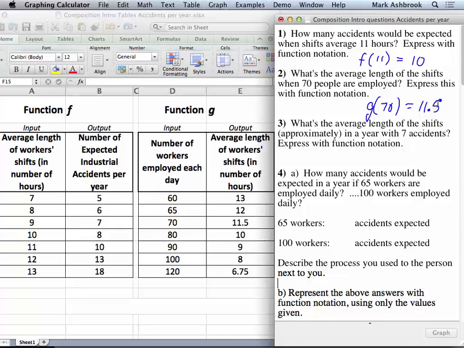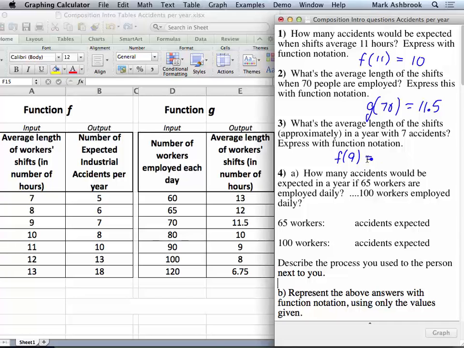Okay. Omar. Yep. Average length of the shift in a year with 7 accidents. How would you express that with function notation? We have 9, f of 9 equals this. And this was to be f of 7? No. Why not? Because if it's f of 7, it would equal 5 accidents per year. Okay. And they wanted 7 accidents per year, which is 9.